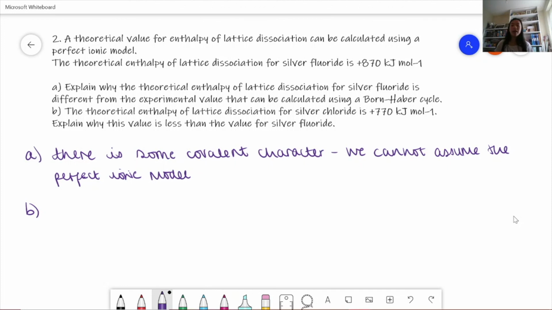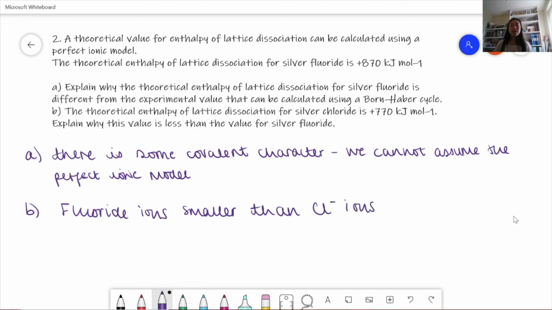And so that's why the enthalpy of lattice dissociation is bigger, because the ionic bonding is stronger. So the answer is that fluoride ions are smaller than chloride ions.